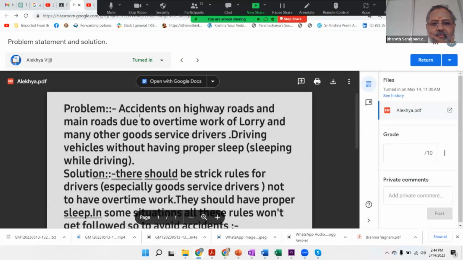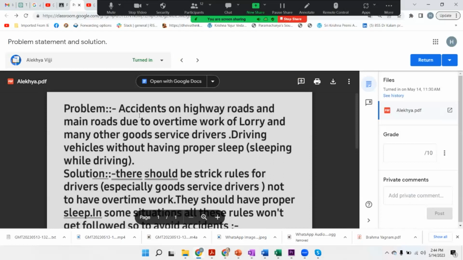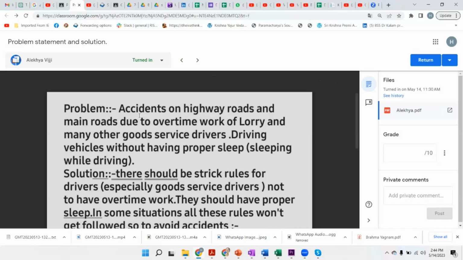Sir, the problem is accidents are happening on highway roads, because I have seen an accident involving my neighbor's uncle. He died. He was driving the right way, but some lorry drivers met with an accident.